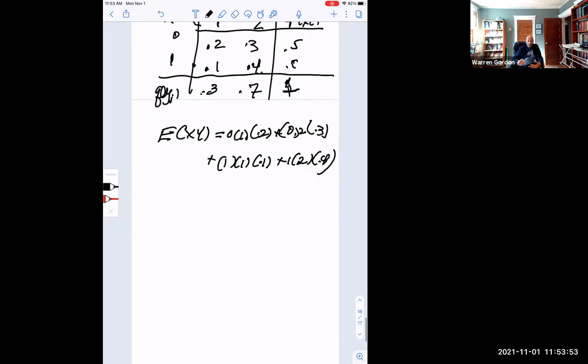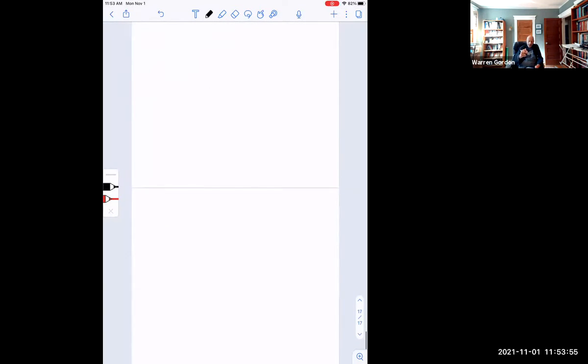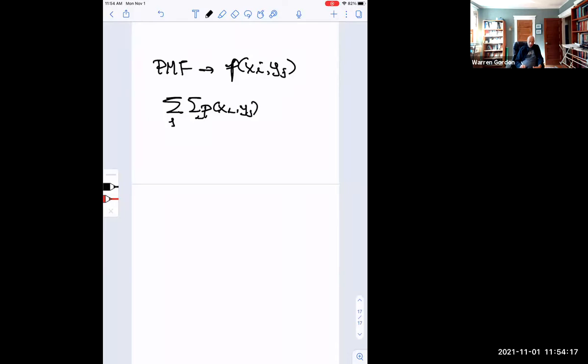So let me just recap a little bit because there are a couple of important ideas here. So we defined basically the two-dimensional probability mass function, P of X sub i, Y sub j. It has the property that when you sum up all its probabilities, you get 1.